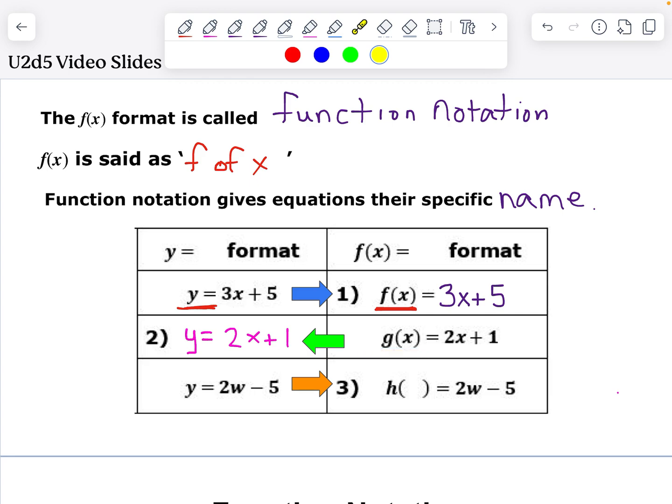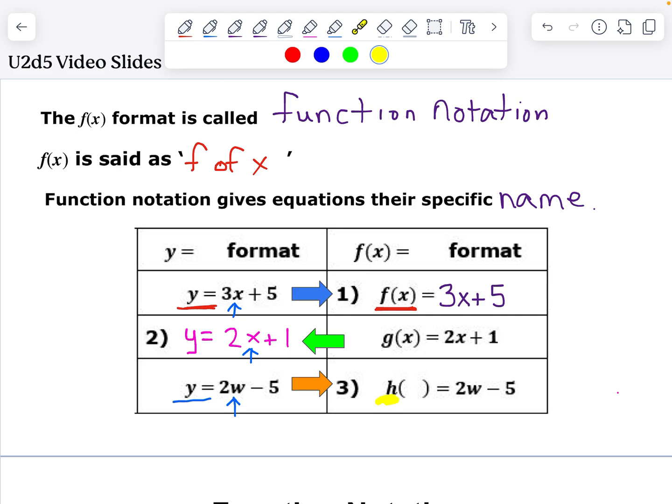Okay. Now, another thing that I haven't mentioned yet is, here we go, sorry, I'm choosing a color here. So I have y equals 2w minus 5. Notice that's different than all these other equations that I've used an x in. So we are naming this equation with a specific name of h.